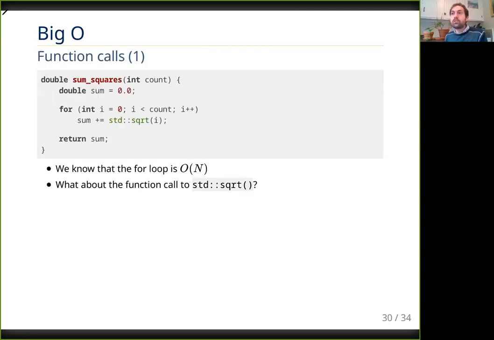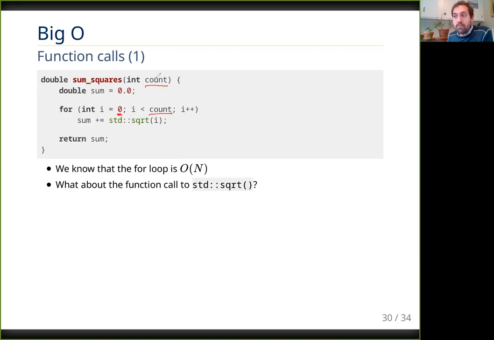So what about when you have a certain function for which you're trying to determine the complexity, so like the big O that would characterize this function, and this function calls another function internally. So look at here, we have this function which receives a certain count, and essentially we're trying to sum the different square values of that count, or at least from all of the values between 0 up to that count.